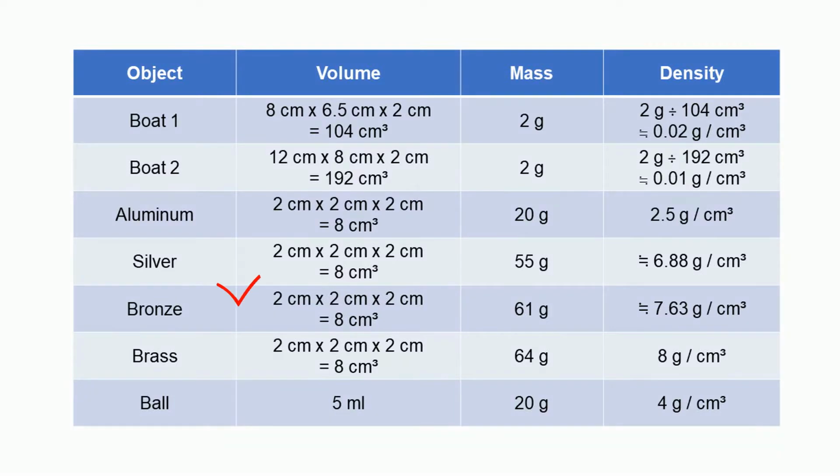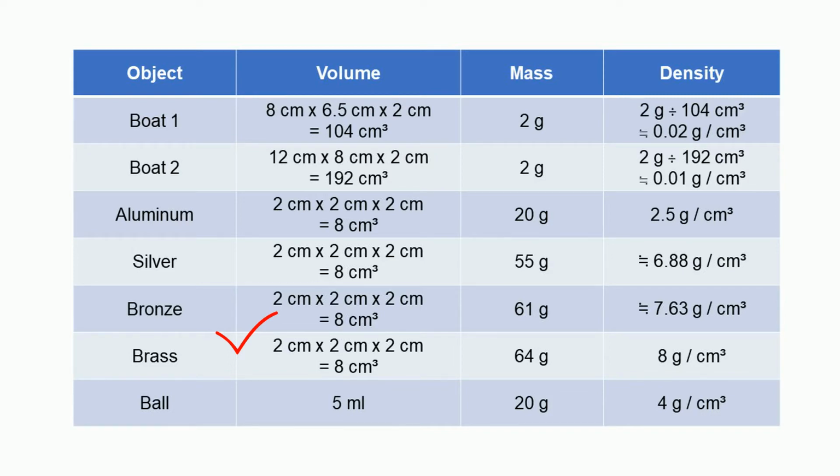The bronze cube is 2 centimeters by 2 centimeters by 2 centimeters. That equals 8 cubic centimeters. The mass is 61 grams. The density is 7.63 grams per cubic centimeter. The brass cube is 2 centimeters by 2 centimeters by 2 centimeters.